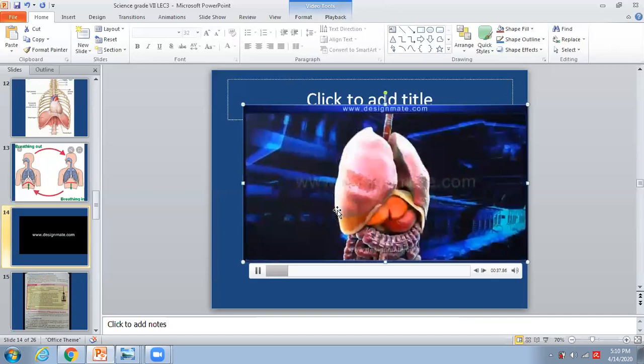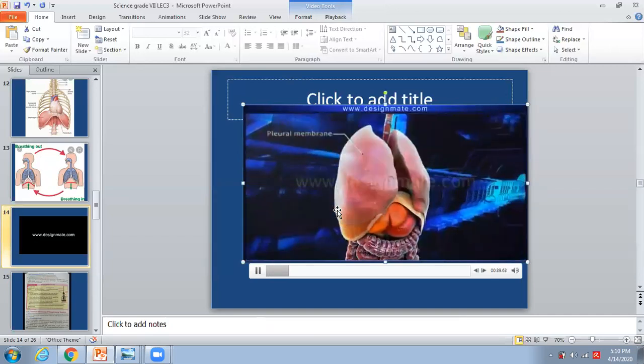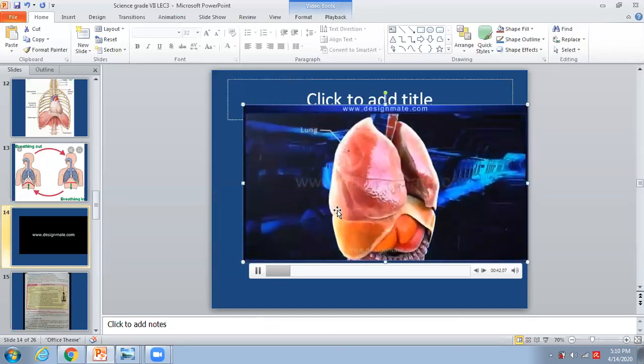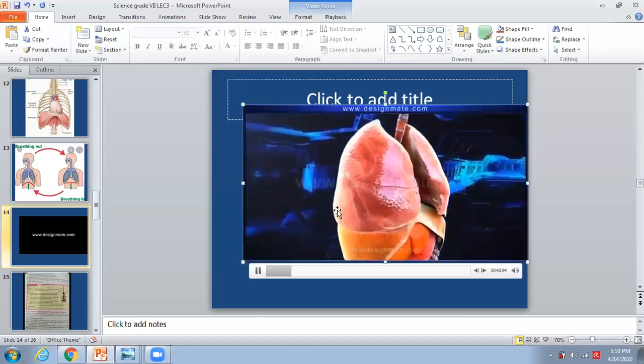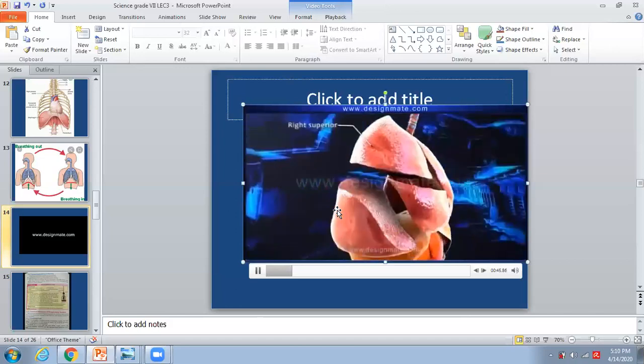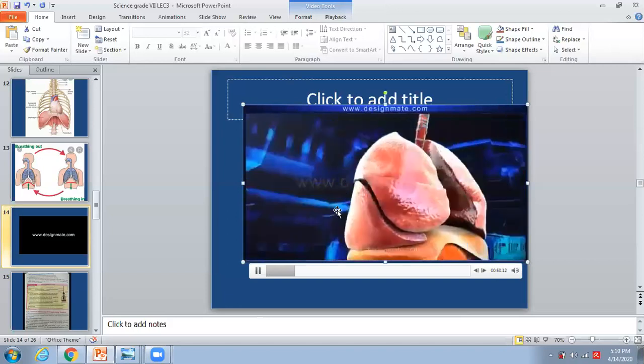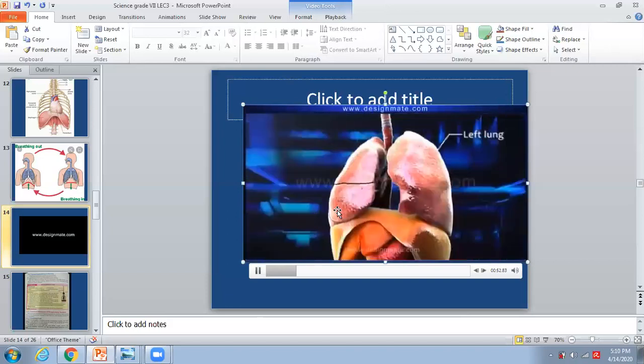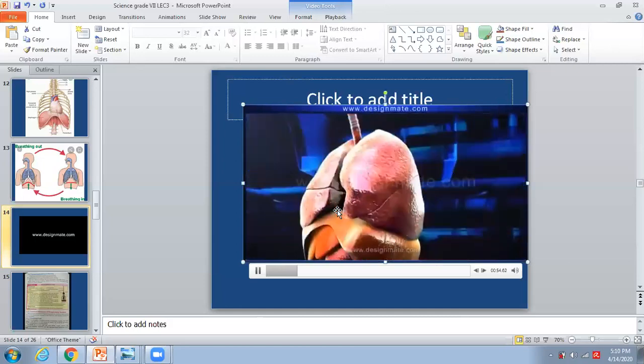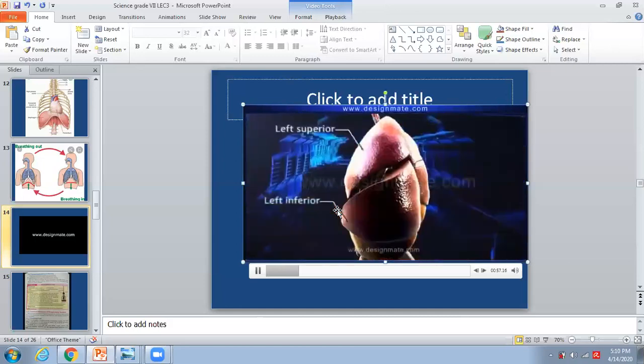Present within the rib cage are the pleural membranes, which enclose the lungs. The right lung is divided into three lobes: the right superior, right middle, and right inferior lobe. The left lung is smaller and has only two lobes, the left superior and the left inferior lobe.